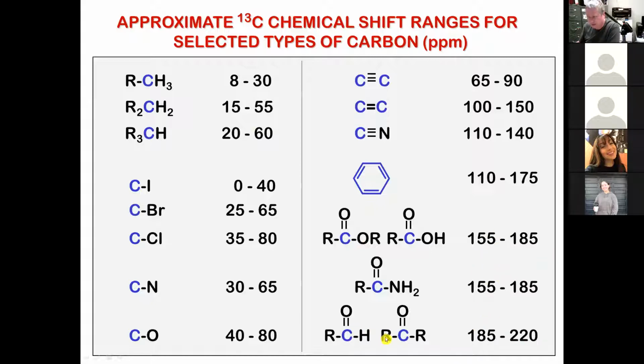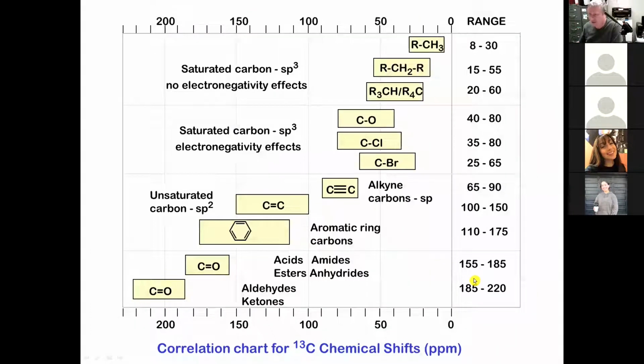Ketones and aldehydes, that's a ketone, that's an aldehyde, those are in the further downfield region, which is cool. You can distinguish a ketone or aldehyde from an ester, acid, or amide really easily. One more chart. So there's a lot of ways you can express this information, right? If you look on the web, Google C13 chemical shift chart, you'll probably find 100 different ways of saying the same thing.